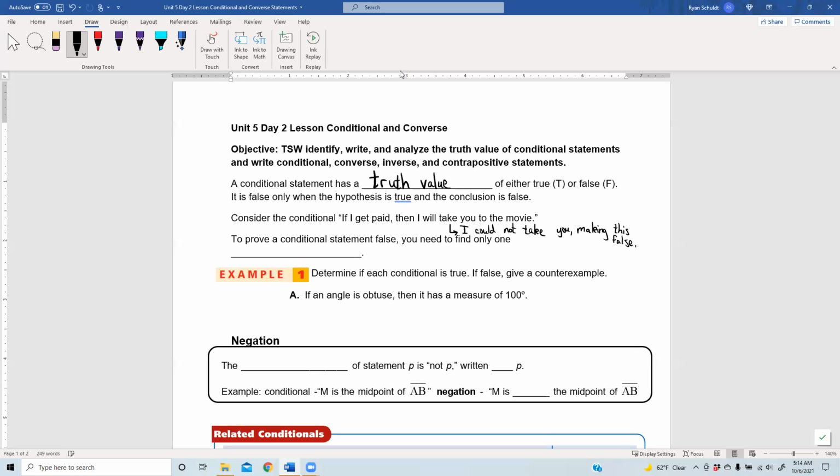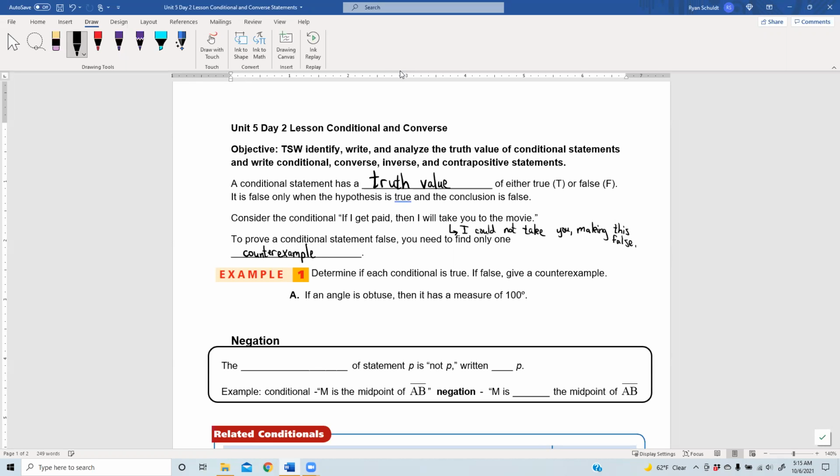To prove a conditional statement is false, you need to find only one counterexample. As soon as you find one example, the whole statement's false. So think of this as like, although I don't recommend this, you're arguing with your parents.